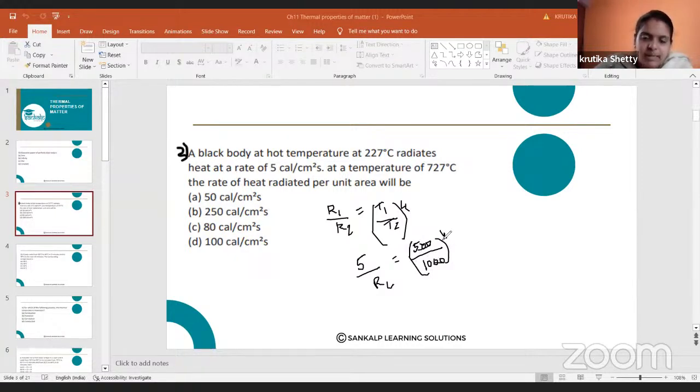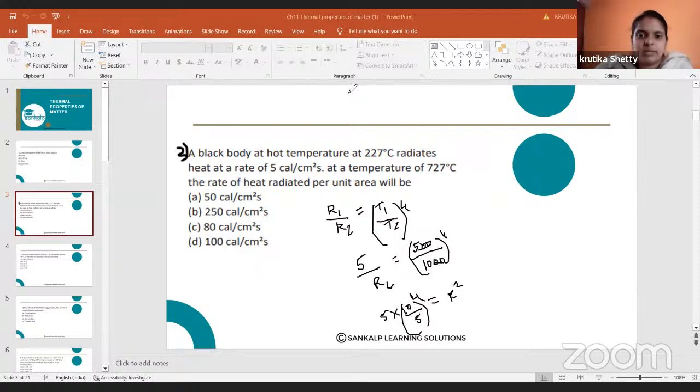It is 5 by 10 to the power of 4, that is R2. I will do it again, R2 is equal to 5 into 10 by 5 to the power of 4. What do you get? A, B, C, D. Yes, it is C. You get 80 calorie per centimeter square second. Yes, very good.